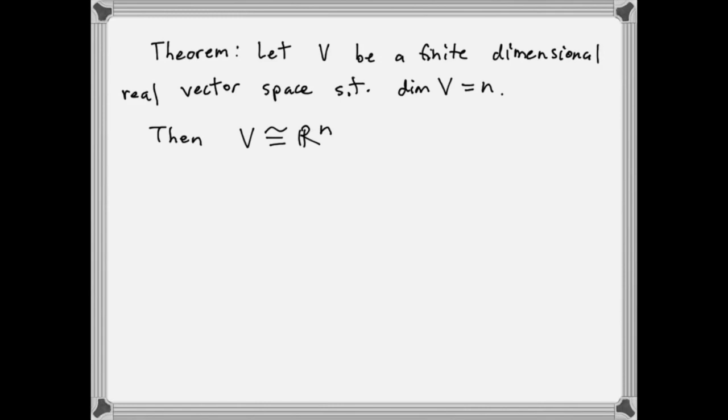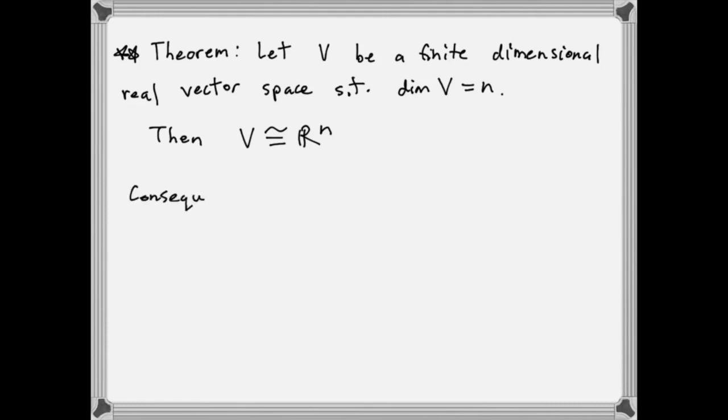This is extremely important. Let me put a couple of stars next to this. This is really, really, really important. What we have just said is that every n-dimensional vector space is isomorphic to Rn. So let's say this again.